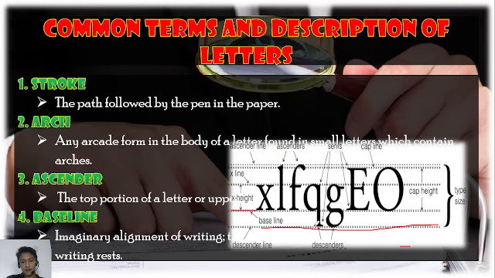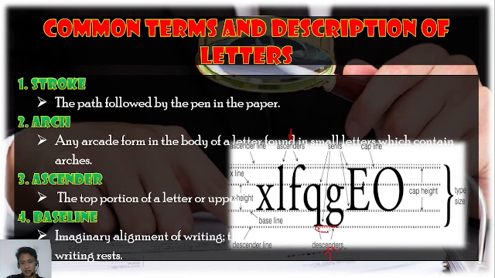But we are not referring to the other long letters, because, as we said earlier, on the upper loop we refer to them as ascenders, pero meron din po tayong tinatawag na descenders. That is the bottom portion of the lower loop letters, or long letters.